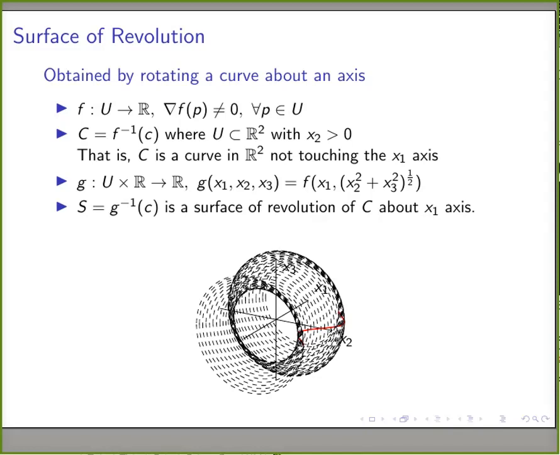For each point x1, f inverse of c is going to contain a circle such that for each x1 there exists a circle with a fixed radius which is equal to x2.